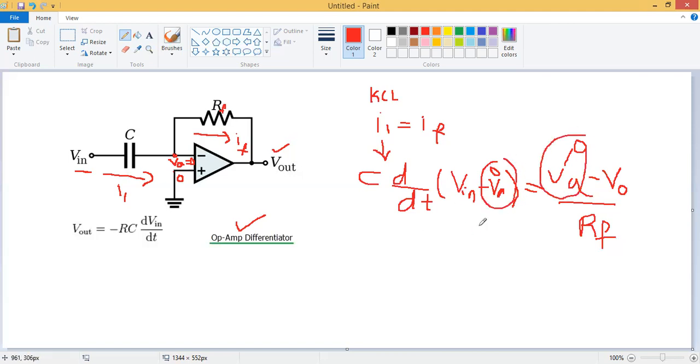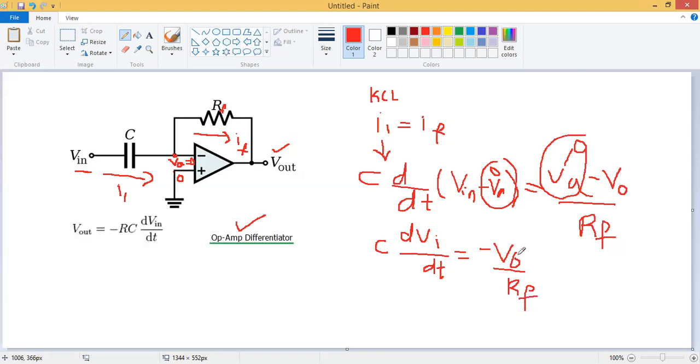Now this entire equation will become C dV in by dt equals minus V naught by RF. RF is the feedback resistance.